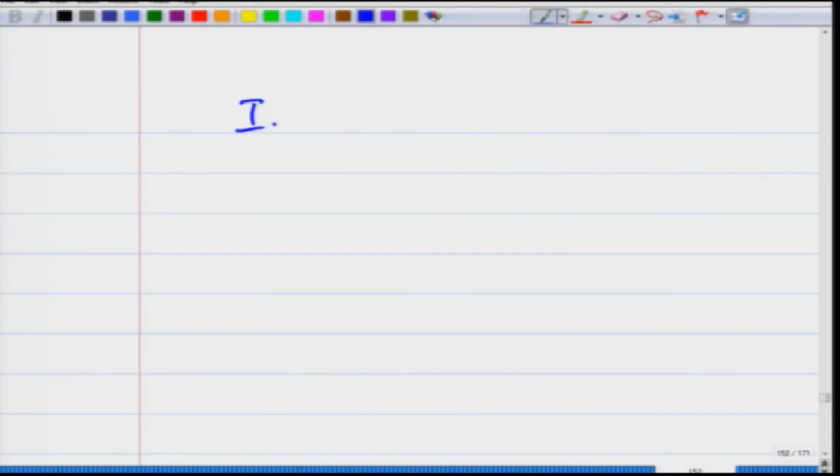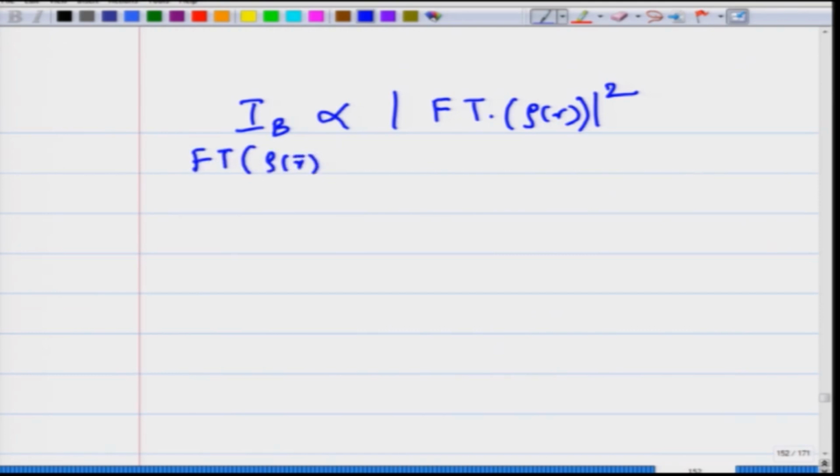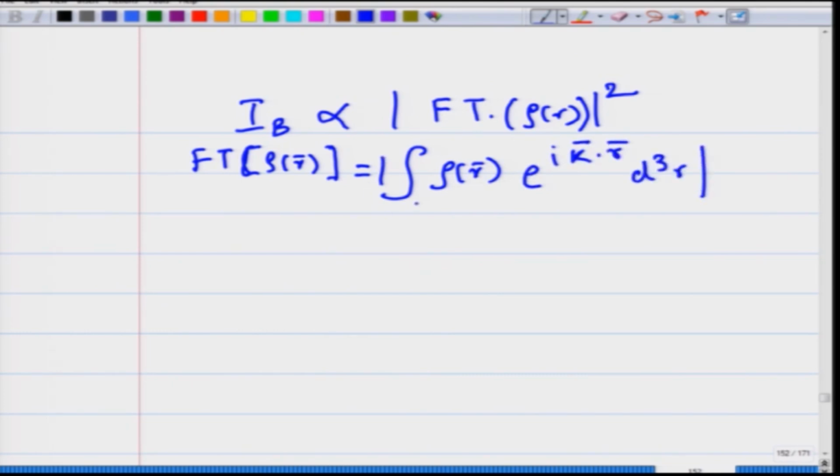The intensity at point B is related to the Fourier transform of rho of r of the crystal, where this Fourier transform is nothing else but the integral of rho of r e raised to i K dot r d cube r over the volume.